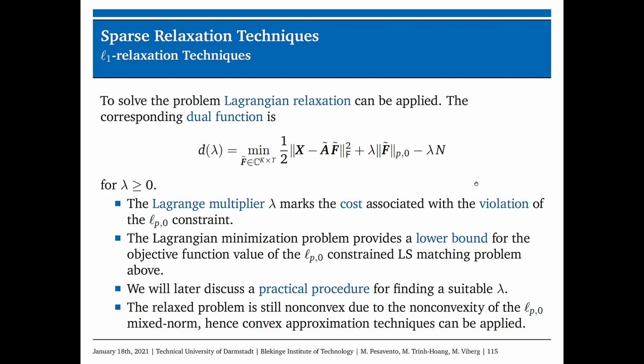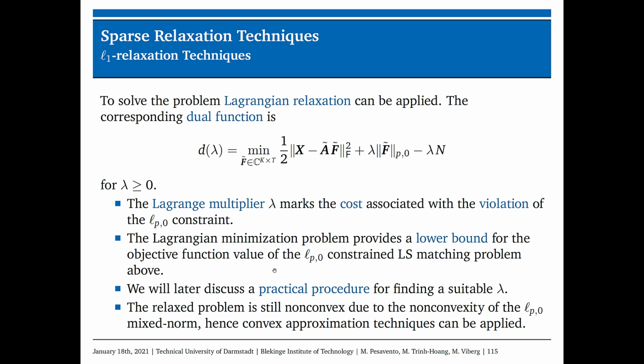To solve the problem, we can use Lagrangian relaxation and write the corresponding dual function for non-negative Lagrange multiplier lambda. The Lagrange multiplier marks the cost associated with the violation of the Lp,0 constraint. And the Lagrangian minimization problem provides a lower bound for the optimal function value of the least square matching problem.